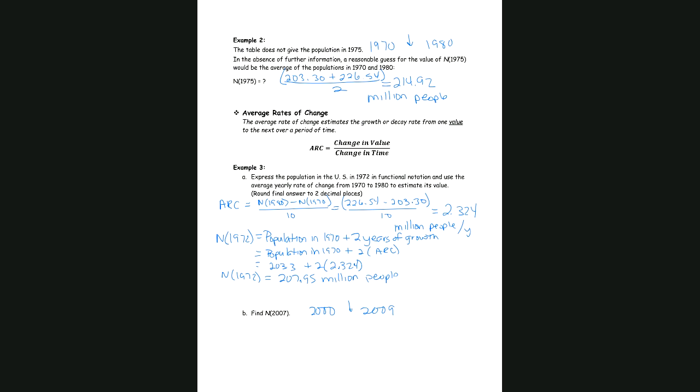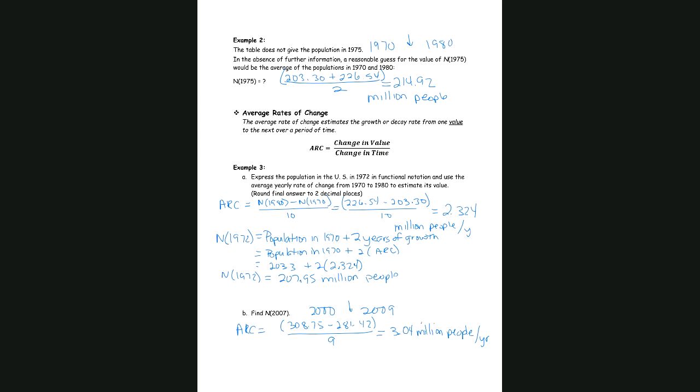So to find the average rate of change, we take the value from 2009, which is 308.75 million, minus 281.42 million, and divide by 9 to get 3.04 million people per year.